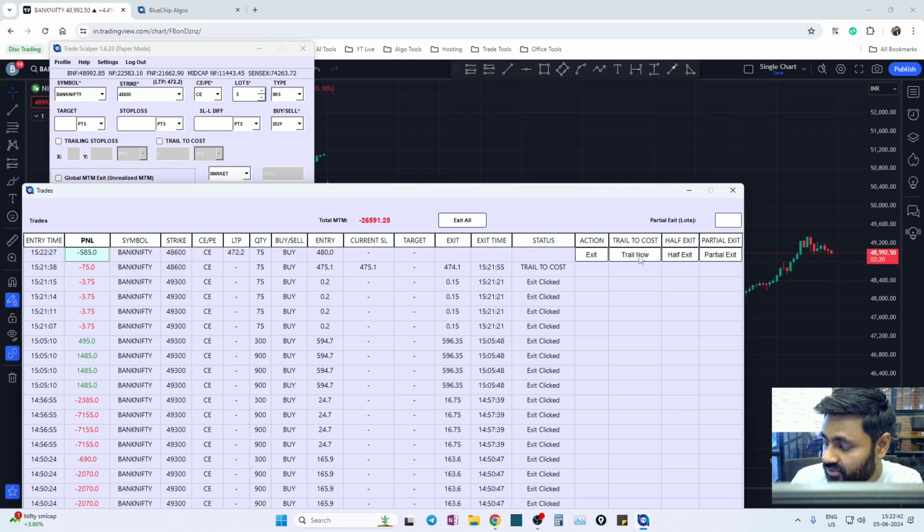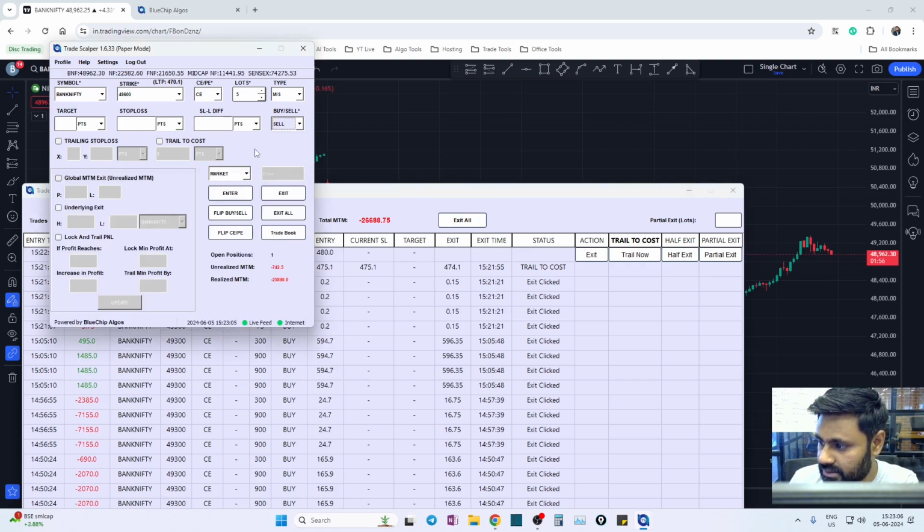Trail now is very important because sometimes you cannot give trail to cost beforehand before entering into the trade. So when the trade is happening, if you see that you have a profitable trade, you can hit on that. Now we cannot hit because it's in a loss trade. If I hit on that, it throws a message saying that position should be in profit. But we need a profitable trade.